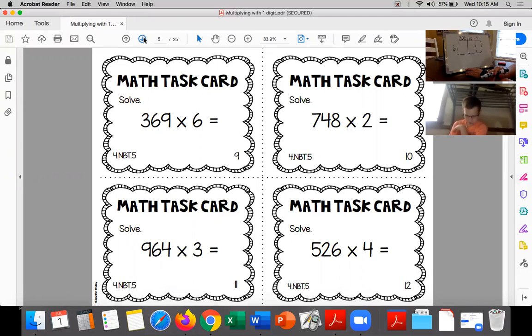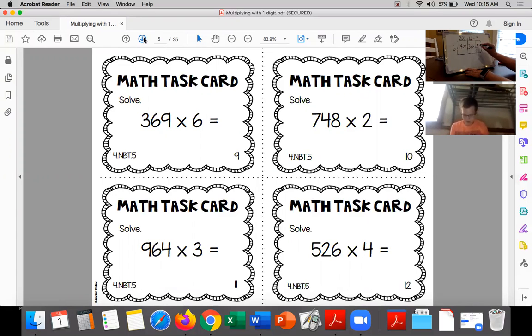Are you familiar with this method? Okay. So I'm going to say 6 times 3 is what? 18. And then I'm going to add my 2 zeros. 6 times 6 is 36, plus my 1 zero. And 6 times 9 is 54.